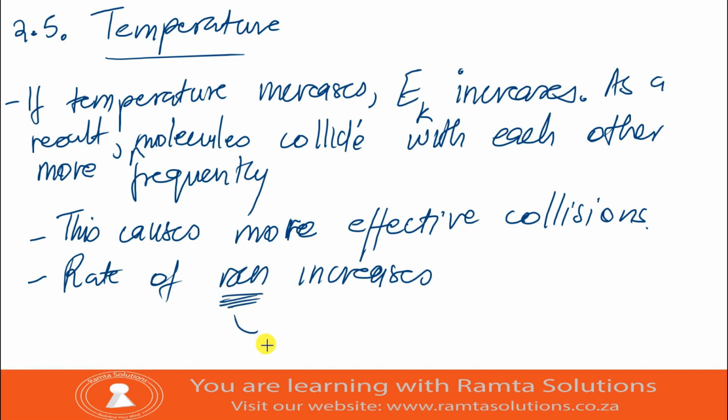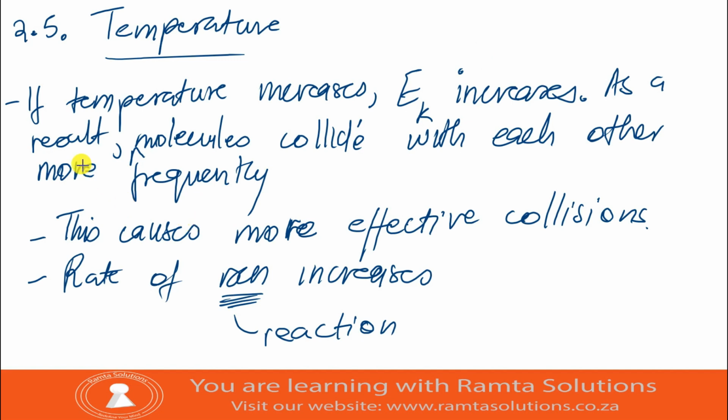I wrote that as Rxn, so this is a reaction. As a result, the rate of reaction decreases. Why is the rate of reaction decreasing? That's because your molecules are now slower, so the collisions will also be slower and they will be less frequent.